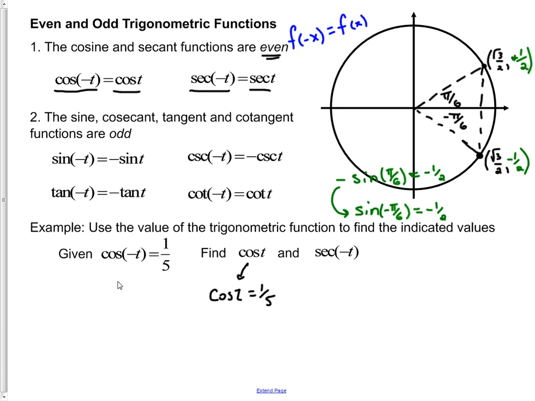Well, if cosine of negative t is 1/5, don't forget that secant will be the same as saying 1 over the cosine of negative t. And we know that value to be 1/5. Therefore, the secant of negative t should equal positive 5. But that should be pretty straightforward to understand.